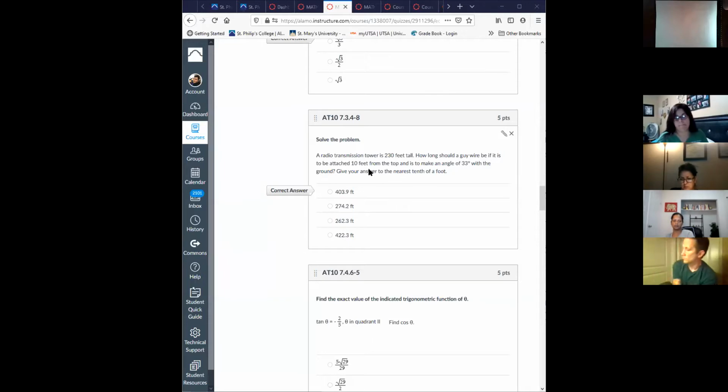And then the angle from the top, hold on, 10 feet from the top, and is to make an angle of 33 degrees with the ground. So when you attach the wire to the ground, there'll be a 33-degree angle from the ground to the wire. Okay, so I need to draw all this.